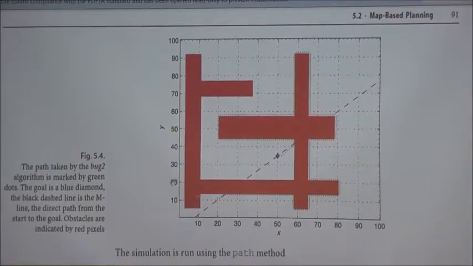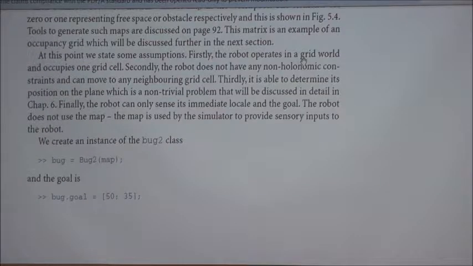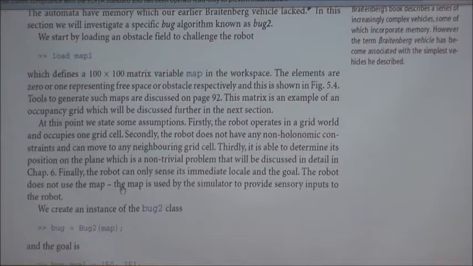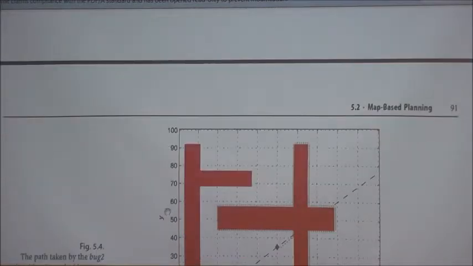And this map, as you see, has a whole bunch of red parts. They're all obstacles. And bug 2 starts at a point. First of all, the goal is 50 and 35 for bug 2.